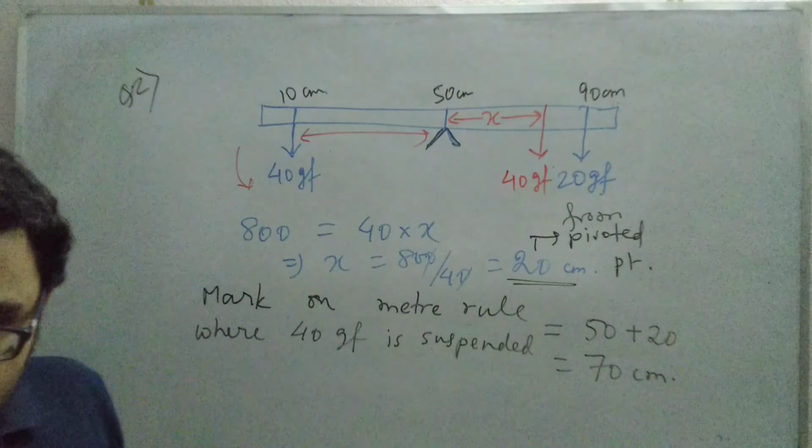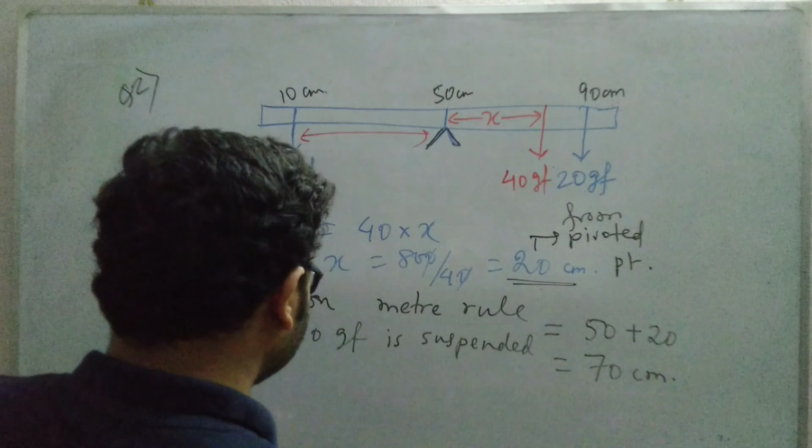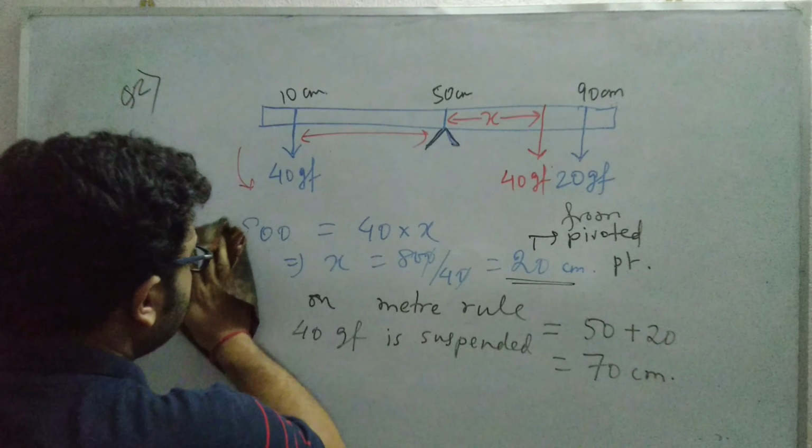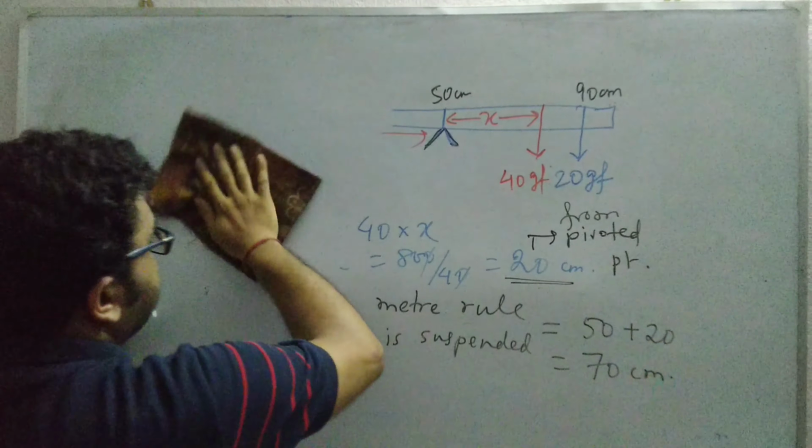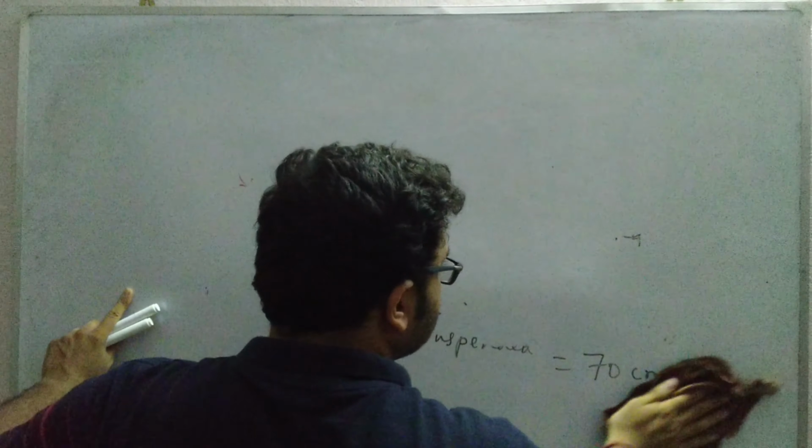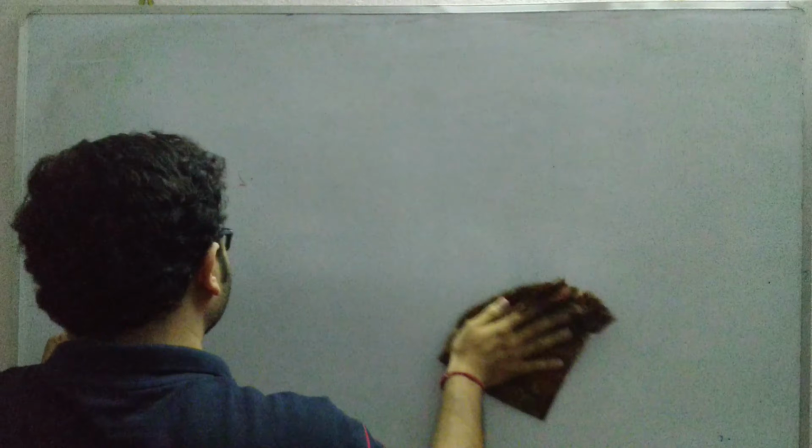Now let us move on to the last part of this chapter, uniform circular motion. Today we are just giving a brief introduction. What is uniform circular motion?